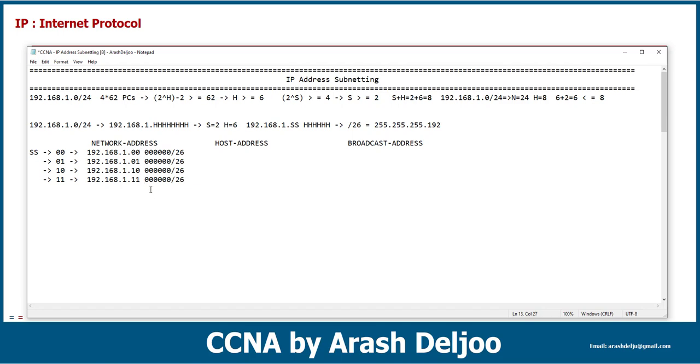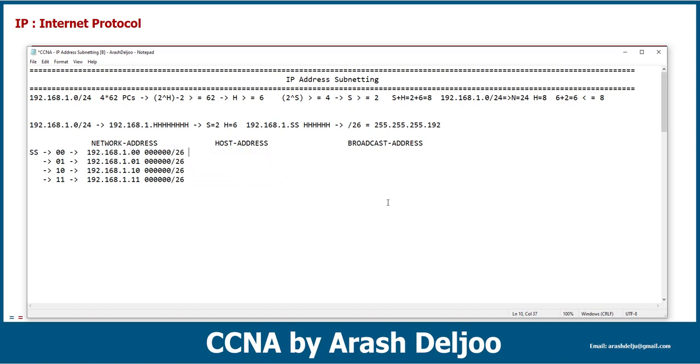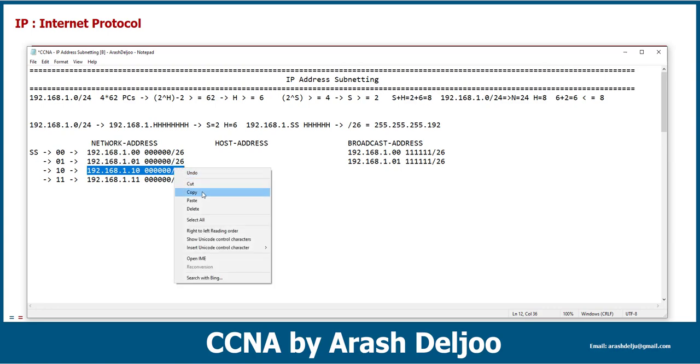Also, if you want to find the broadcast address, you can use 1 in all of the host bits. For example, for the broadcast address of the first network, we use all of these host bits as 1. And also for the second network, this is the broadcast of the second network, 192.168.1, with subnet bits 01, and here we use all ones.